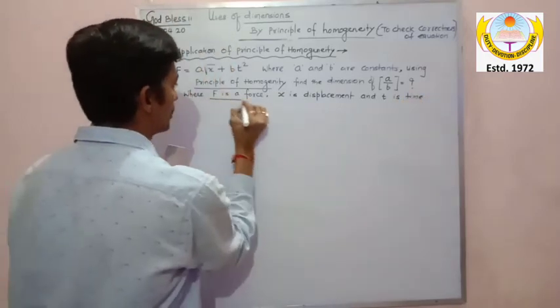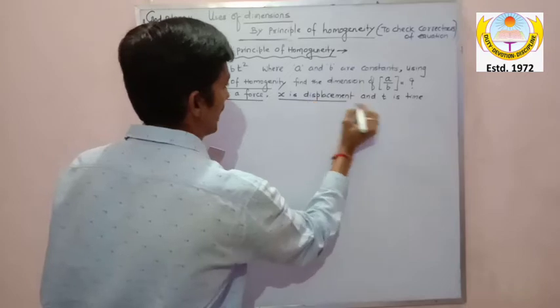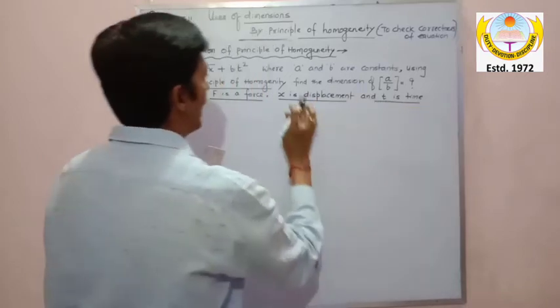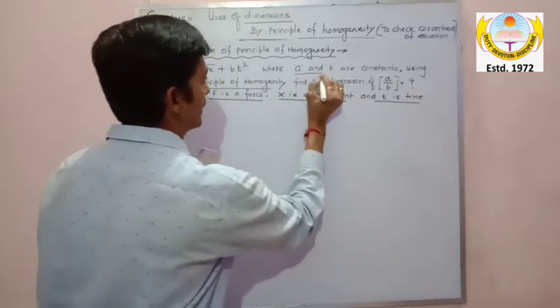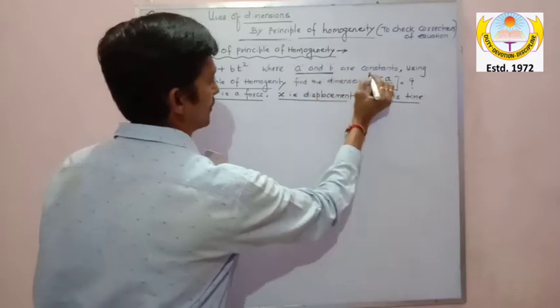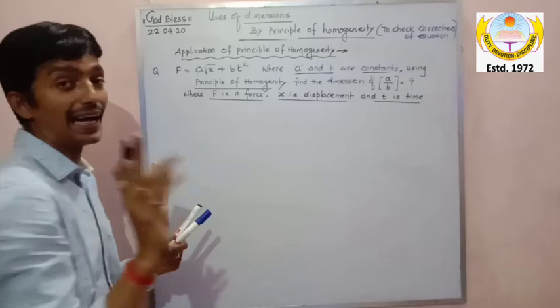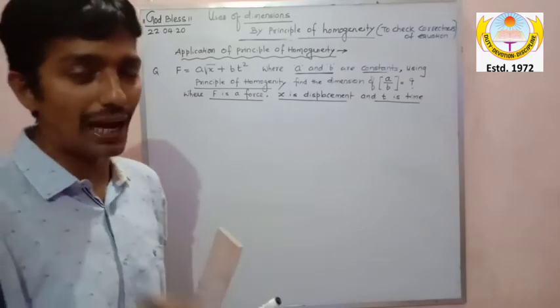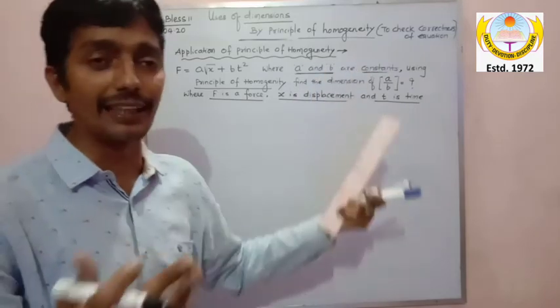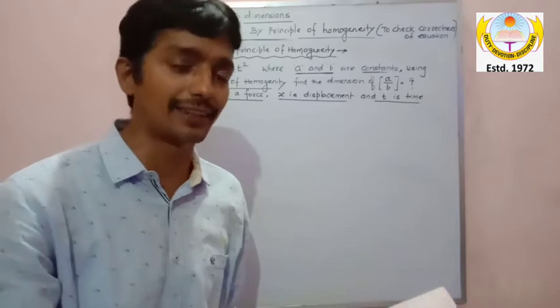F is force, x is displacement, t is time, and a and b, you can see, are constants. But my dear, they are constants, but they are not numbers.